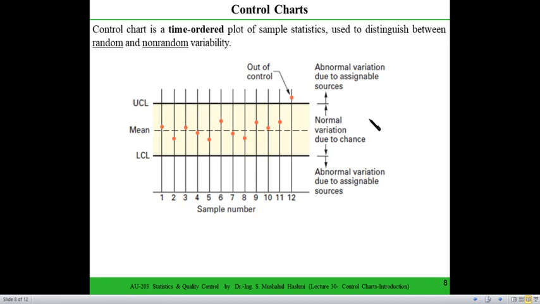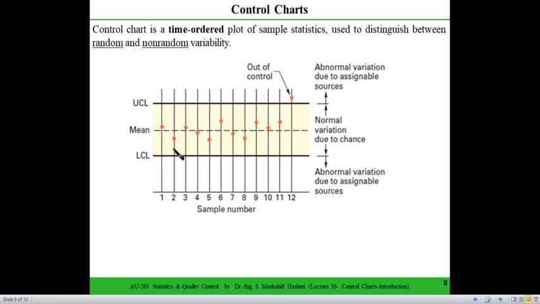These variations take place because of the inherent variations that exist. So your observations for each sample would be hovering around the mean value. For example, this is slightly above the mean value, this is slightly lower, that is slightly above, just on the mean value, close to the mean value.